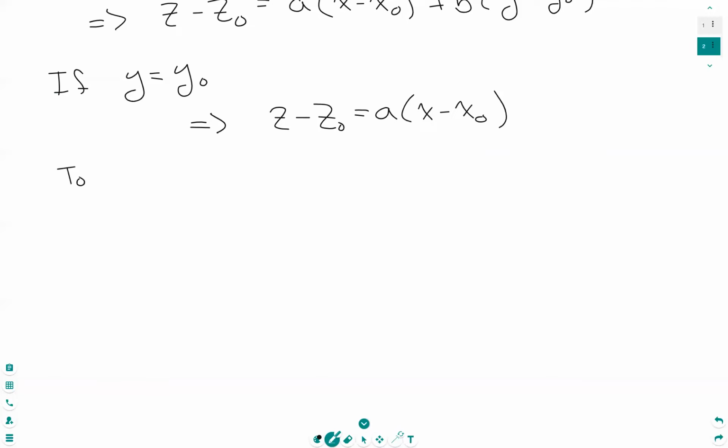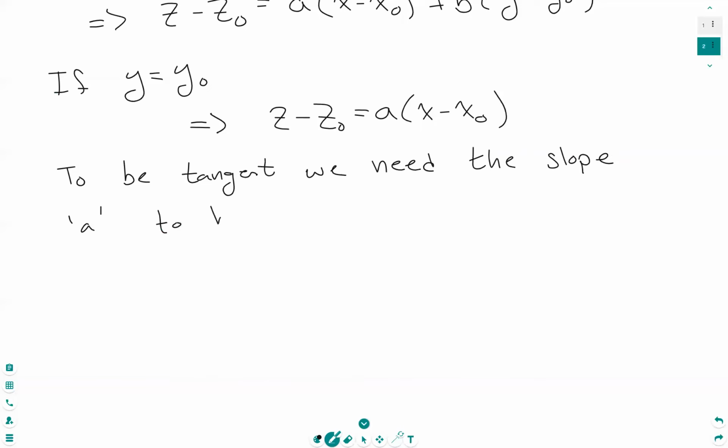So to be tangent, we need the slope a to be the x derivative at x naught and y naught.